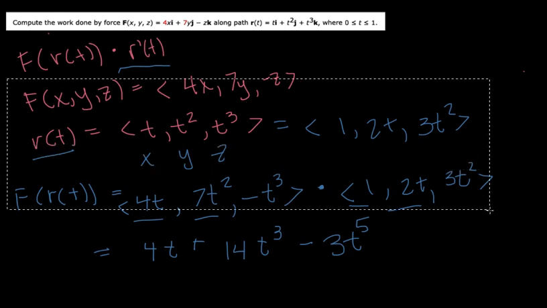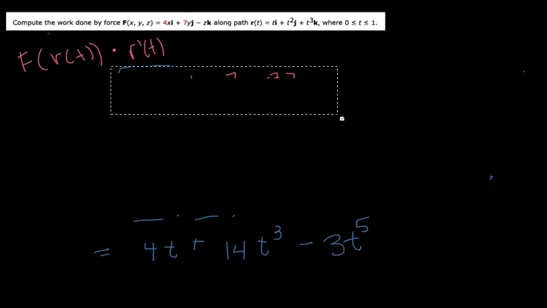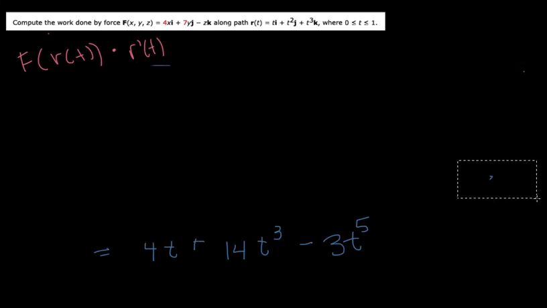I'll delete this. Okay, so now that we have this figured out, what we're going to do is take the integral from what's given to us, from 0 to 1, with respect to dt.